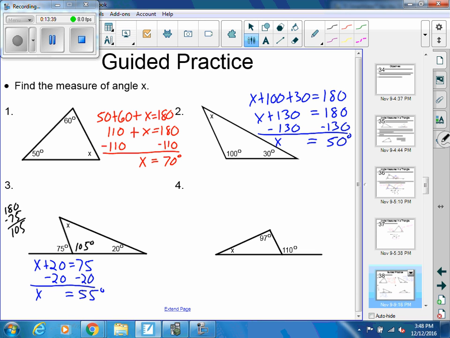Now I know 2 interior angles, I can find the third, because I would know that x plus 105 plus 20 has to equal 180.